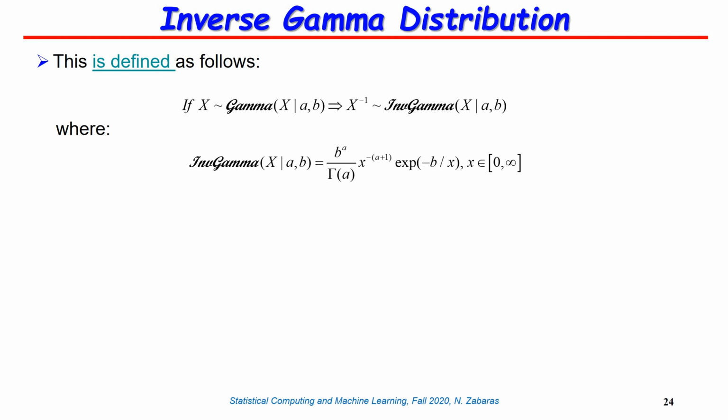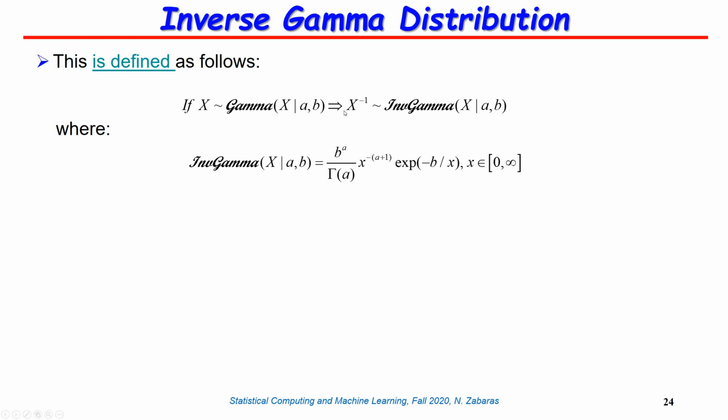So the new variable in this case is the variable 1 over x, right? Let's call this y, 1 over x. So if x is gamma, then y, 1 over x, follows an inverse gamma distribution, okay? And maybe the notation here can be put into question.